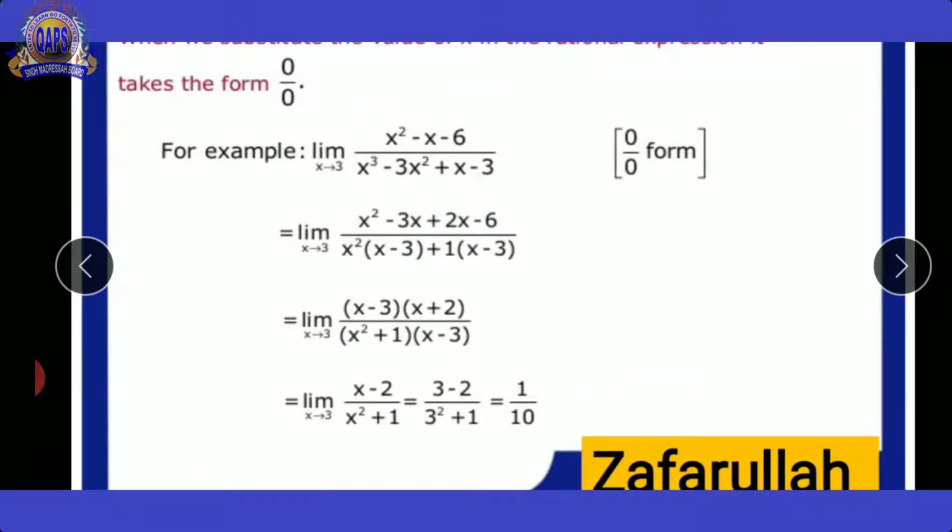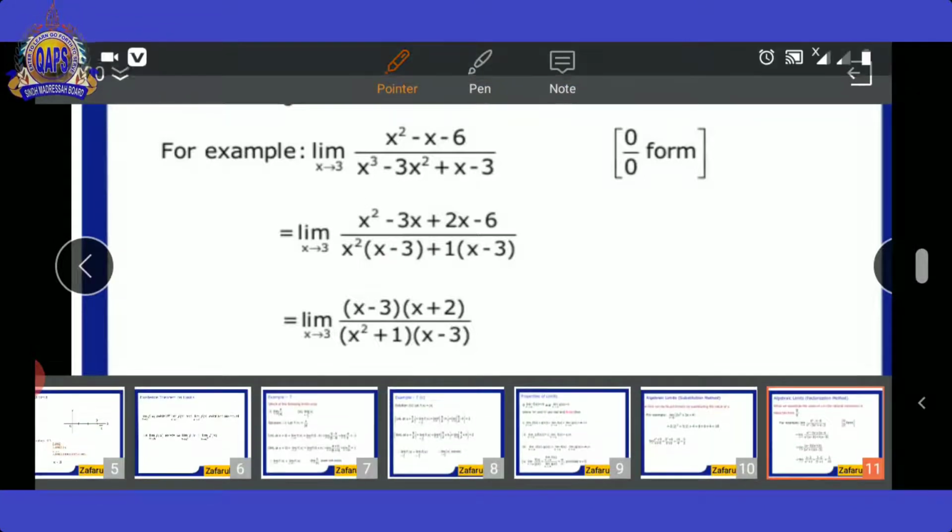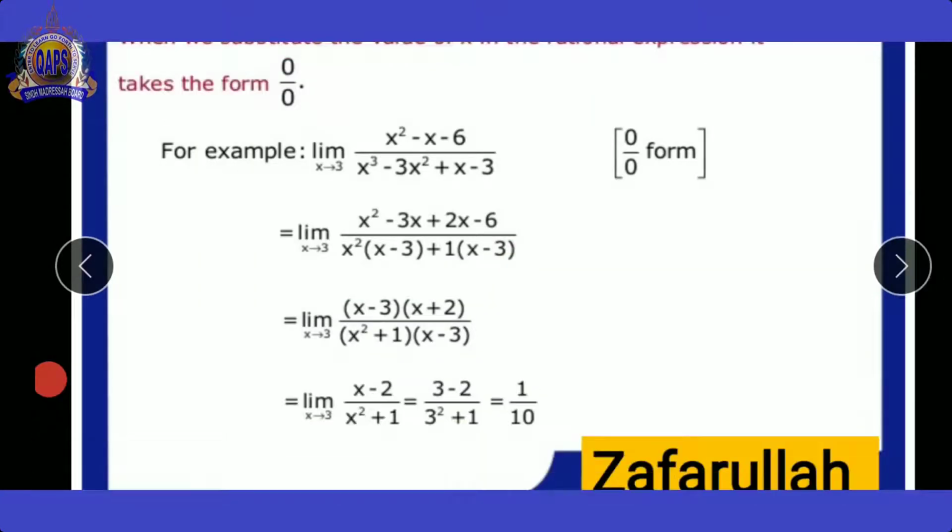When we combine minus 3x and 2x, the result will become minus x. Taking x common from both terms, x minus 3 is created, and when we take 2 common, x minus 6 is here.